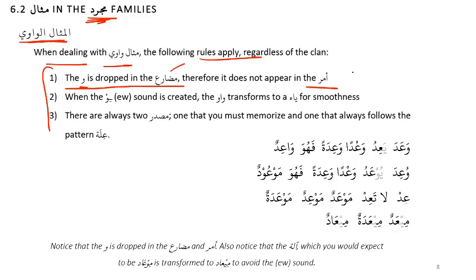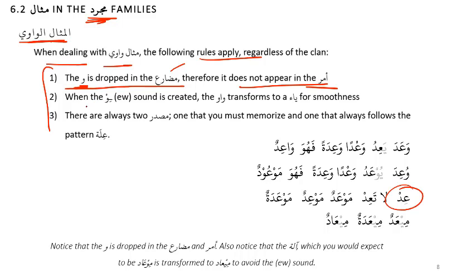If the first letter does not have Zair Zabar Pesh on it, then we add an alif. But the point to remember here is that the waw also does not appear in the command. And we are going to see an example of that over here.